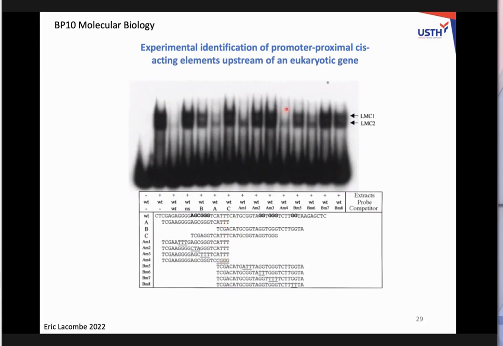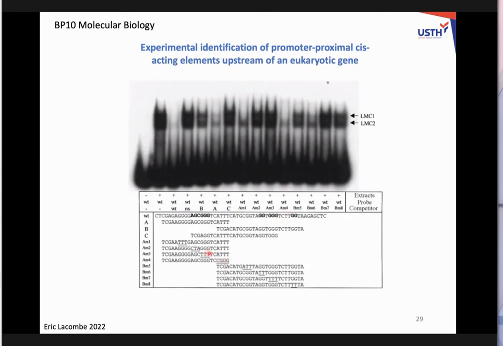And you see that AM4 has the same profile as A. So it means that the mutation you made in AM4 does not change the function of A, so those nucleotides are not important for the establishment of the complexes.